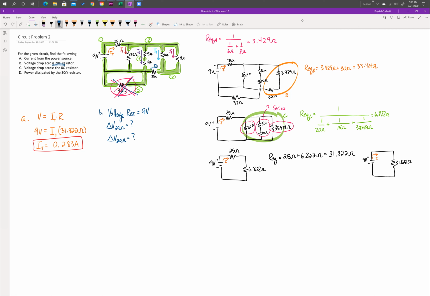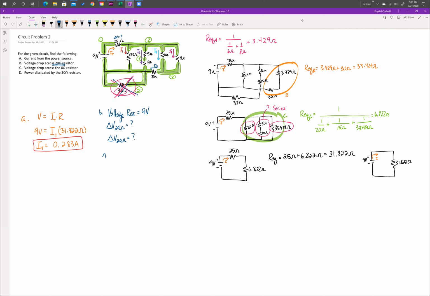It hasn't reached node 2 where it splits. So maybe we can find the voltage drop here, and knowing that our voltage rise must balance the voltage drops in any closed loop of a circuit, we can determine what the voltage drop across the 20 ohm resistor is by using Kirchhoff's voltage law and subtracting from 9 volts whatever the voltage drop we get across the 25 ohm resistor. So let's do that.